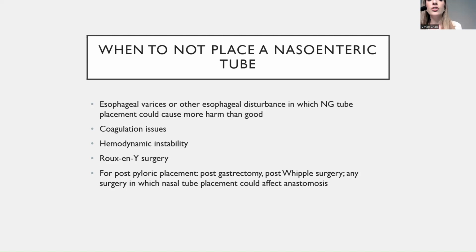If they have coagulation issues, if they're hemodynamically unstable, or if they've had Roux-en-Y surgery, a gastrectomy, or a Whipple, if you place a tube and you're going into the pylorus, then a lot of times it can affect the anastomosis and cause bleeding. So once that tube comes out, if it's been placed after a surgery, then it can't be replaced. That's why those securing devices are good.